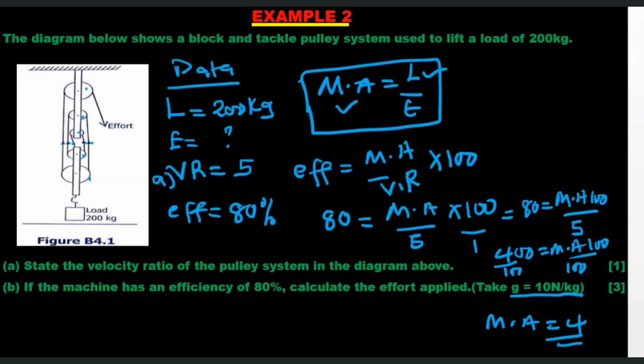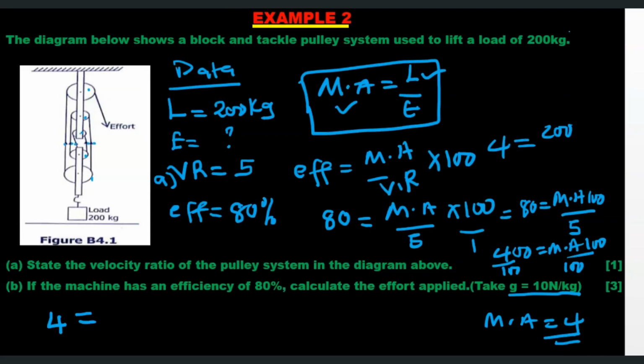Having found the mechanical advantage, we can go on now to calculate effort simply by applying this formula. So mechanical advantage, 4, is equal to load over effort. Now we need to find what the load is. The load we are given as 200 kg. We need to find the weight simply by multiplying this by gravity, which is 10.